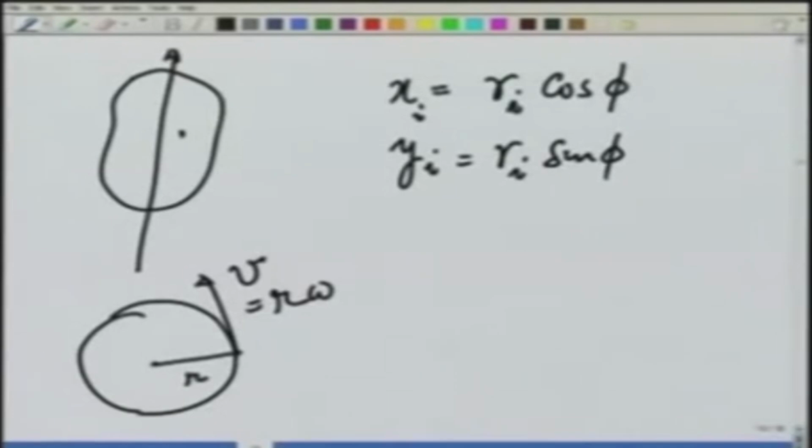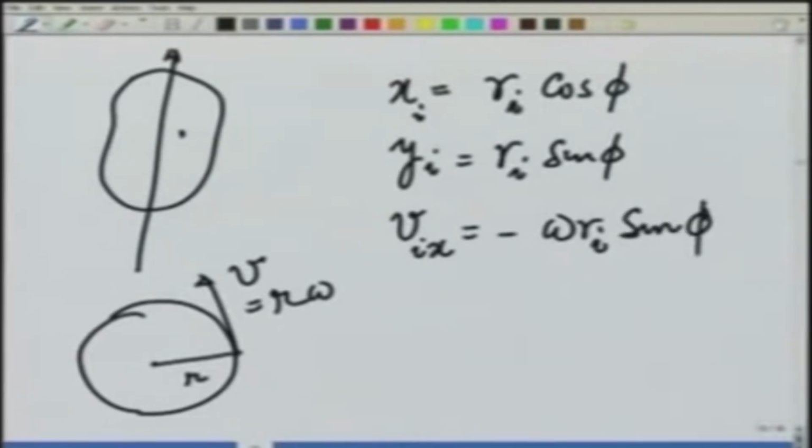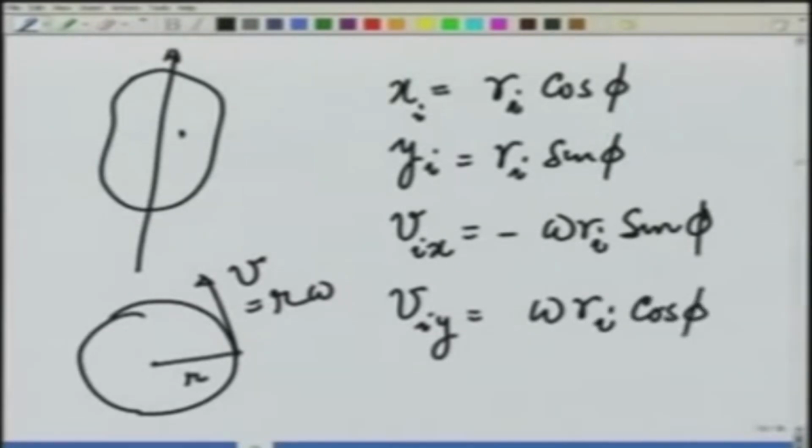Velocity is in the phi direction, and therefore the ith particle's x velocity component is going to be minus omega r_i sine phi, and v_i y is going to be omega r_i cosine phi.